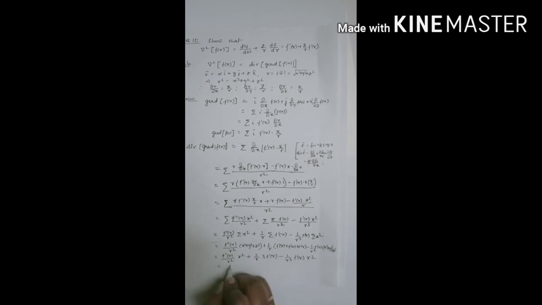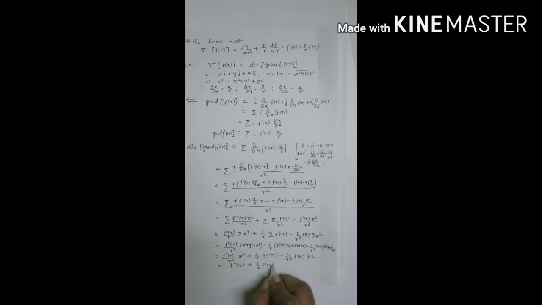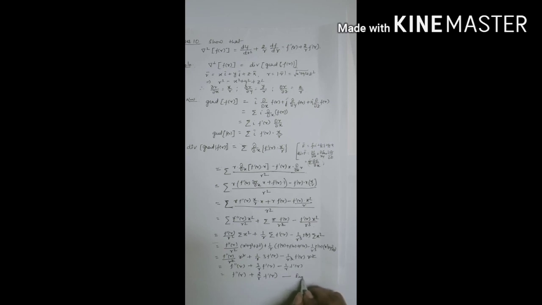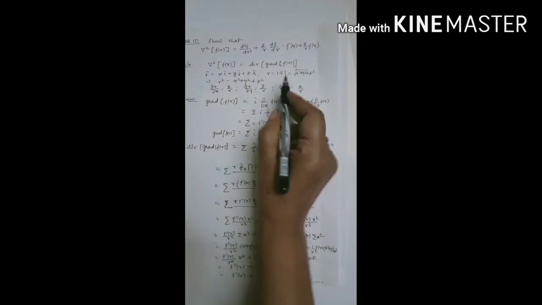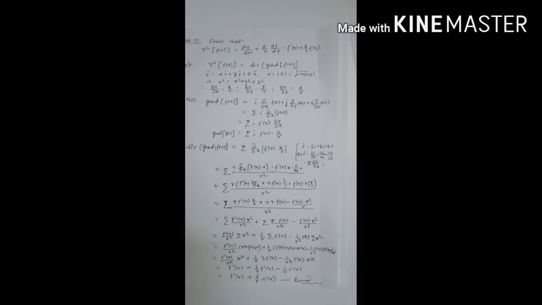So you have nothing but f double dash r, this r square cancels, plus 3 by r f dash r, minus this is your 1 by r f dash r, this r square and this cancels. So you have nothing but f double dash r plus 2 by r f dash r, which was to be proved, right? So this is how you have to do the problems.